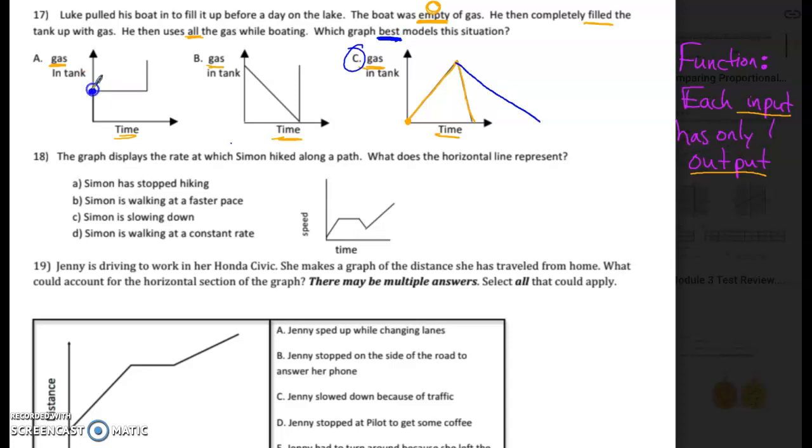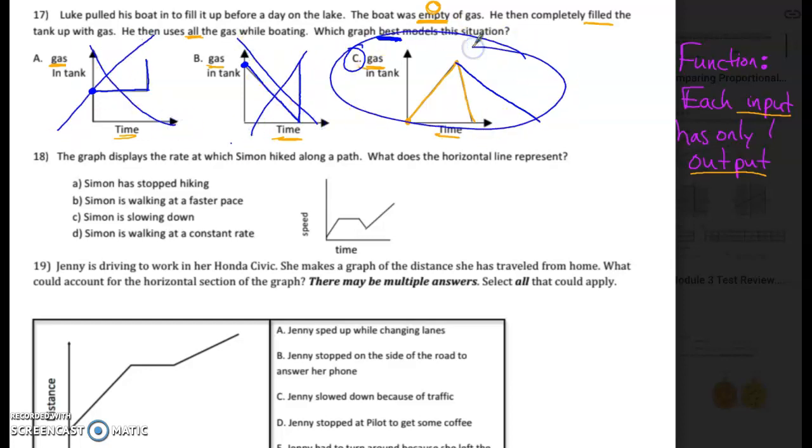He's starting with half a tank of gas, and then the gas is staying the same, and then suddenly it just magically fills all the way up. With B, he's starting with a full tank of gas. He's using it up, and then somehow, without any time passing, all the gas ends up going back in. So C is our best answer. Not A, not B, but C.